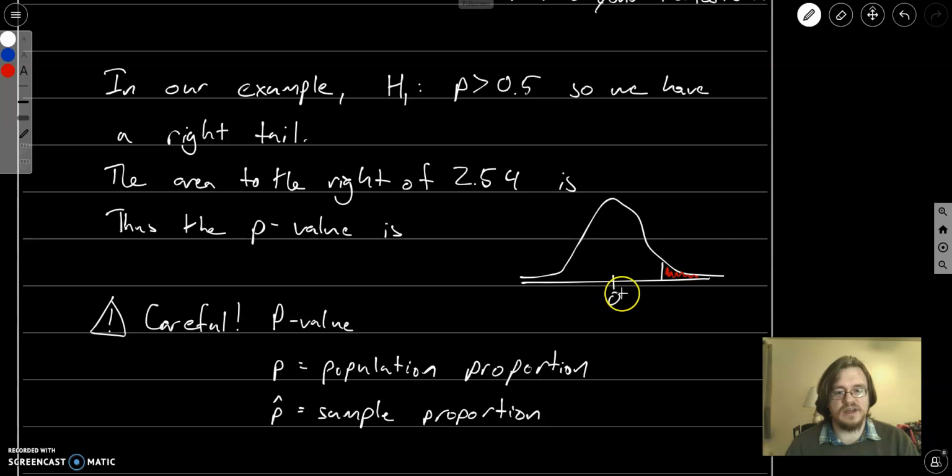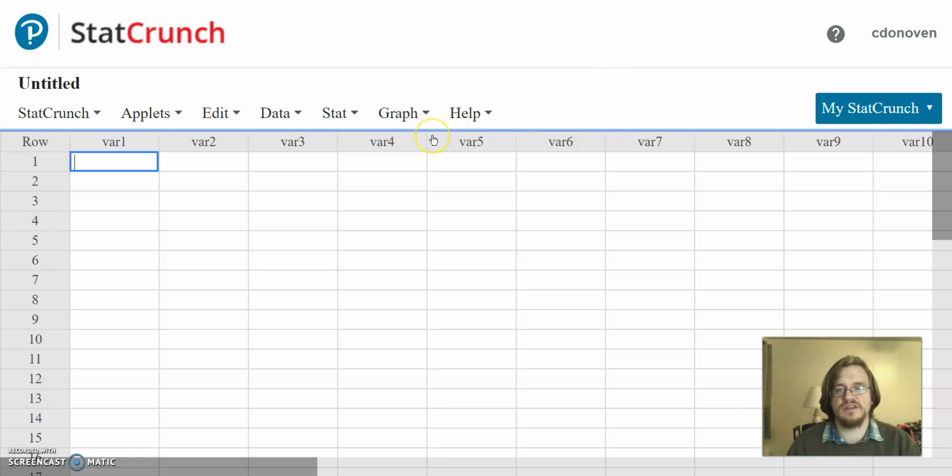In a standard normal distribution, our test statistic, 2.54, is going to be right here. So the question is, what is the area there? To do this, we'll come over to StatCrunch.